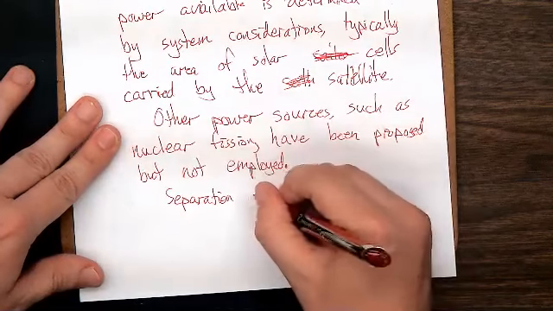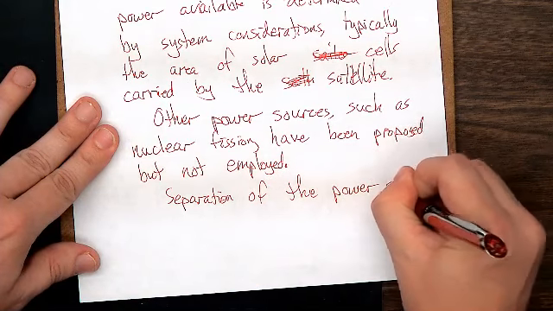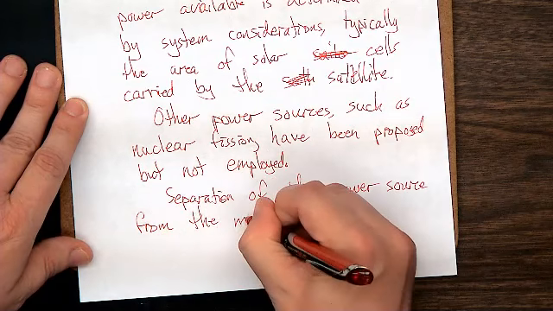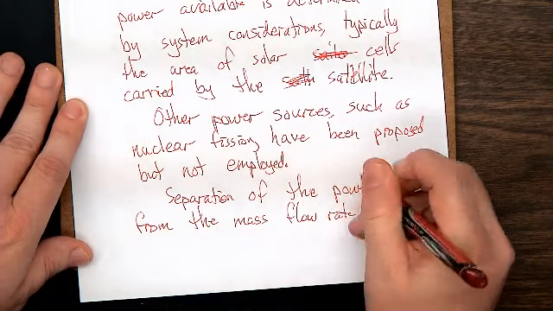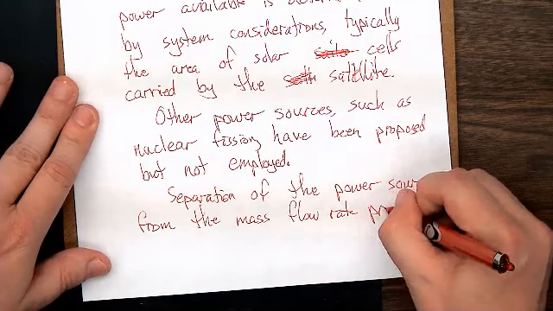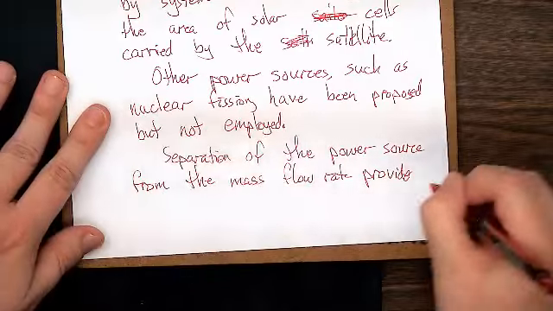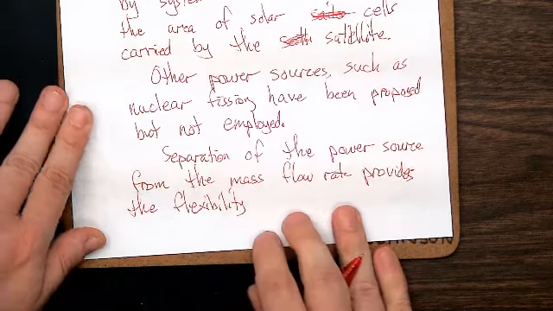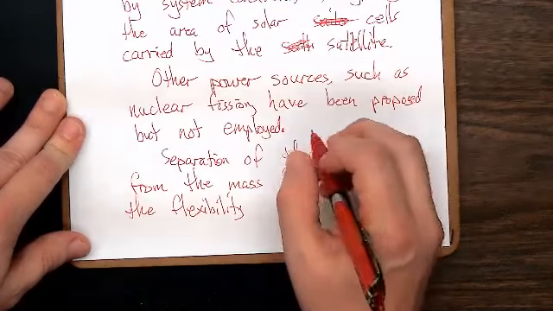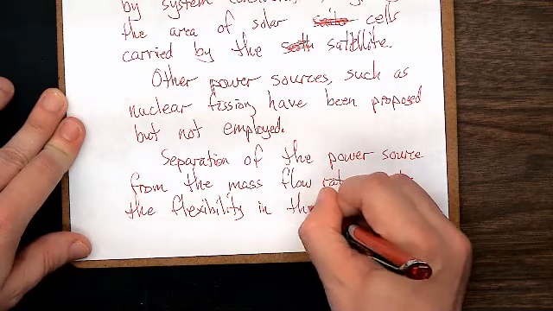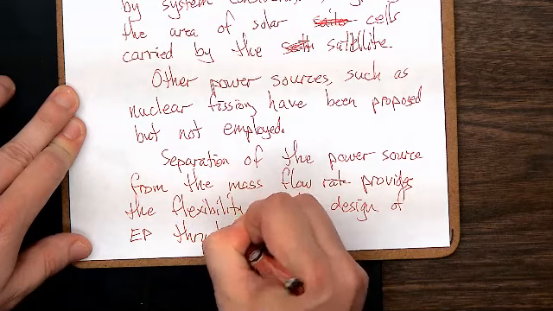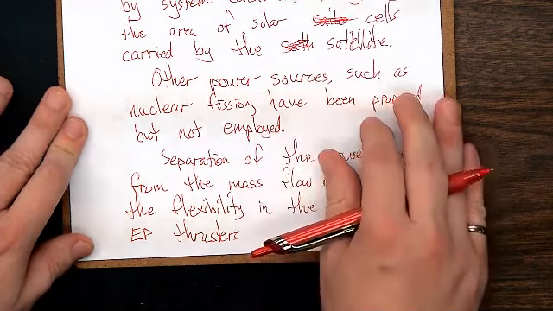So the separation of the power source from the mass flow rate provides the flexibility in the design of EP thrusters, which can provide much higher specific impulse.